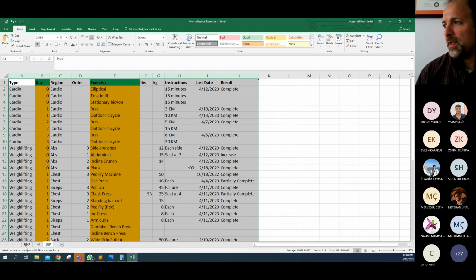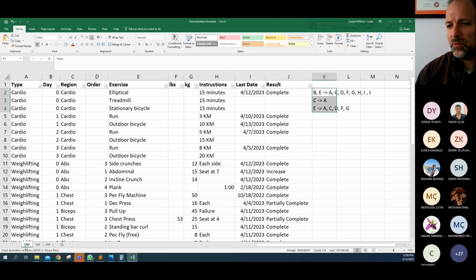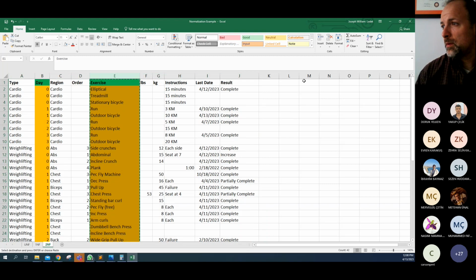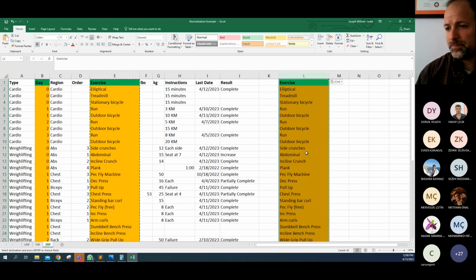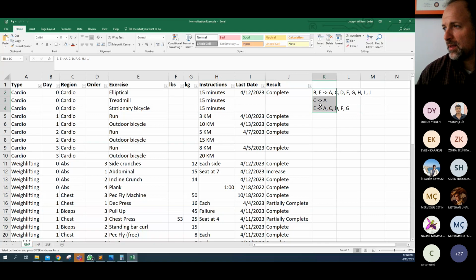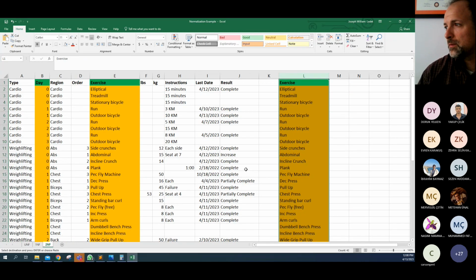So anything where E was the determinant for something else, we're going to take a copy of E, move it into its own table, and then we're going to take a copy of all of the columns that E alone determines.